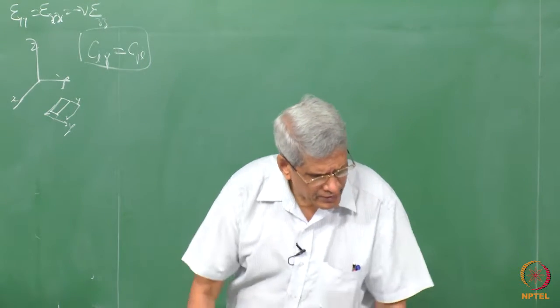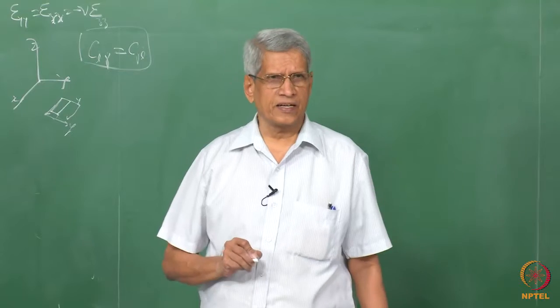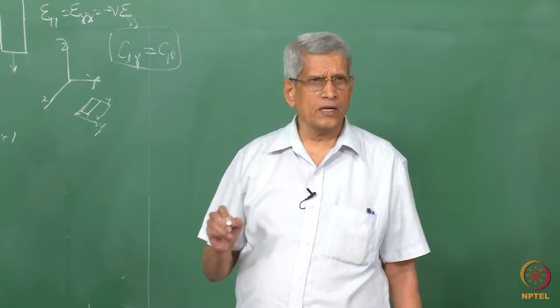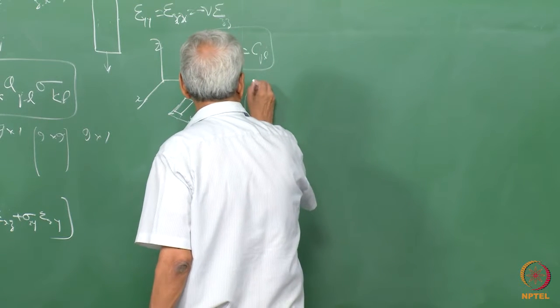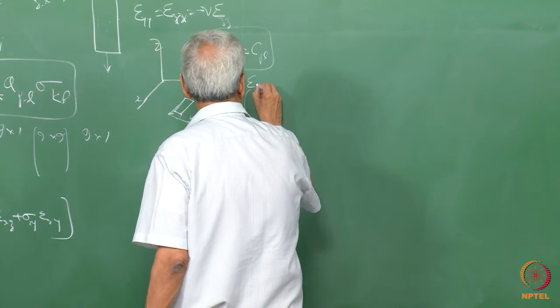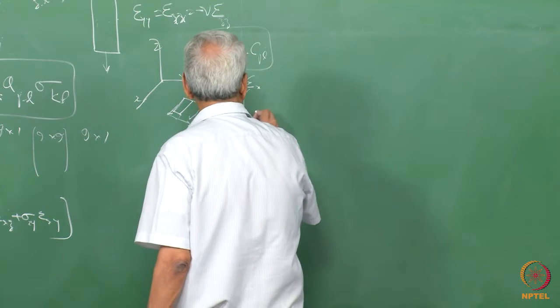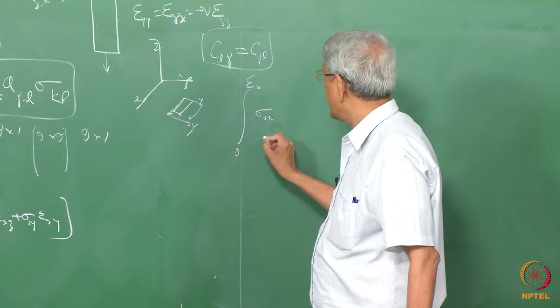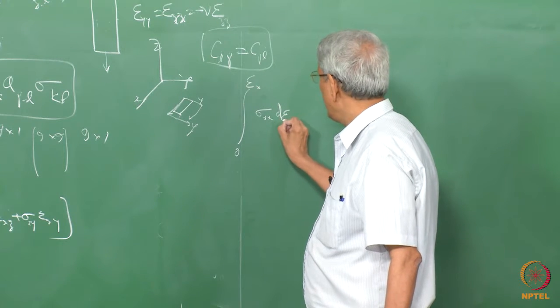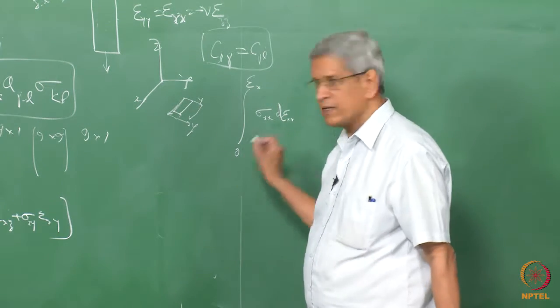We can take an example also. Suppose we deform it in the x direction a little bit. How will we calculate that energy? That is the integral from 0 to some value epsilon x of the stress applied in this direction, sigma xx, into d epsilon xx, correct?